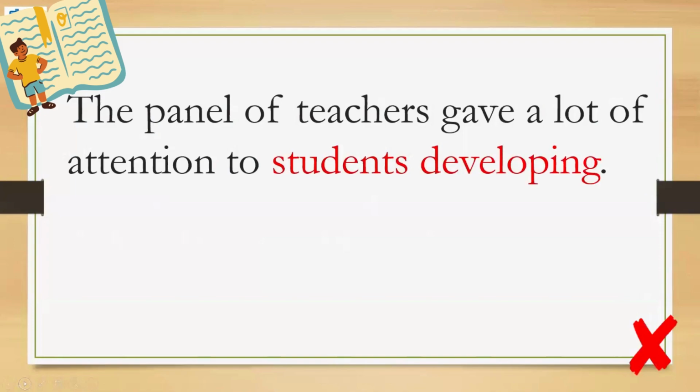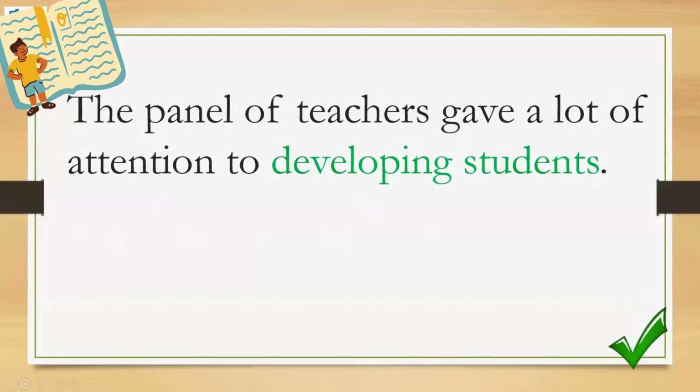Still, this sentence is using word reversal, reversing two words, which is not supposed to happen. Why? Developing is an adjective, so it should be placed before the word modified. What kind of students? Developing students, not students developing, right?